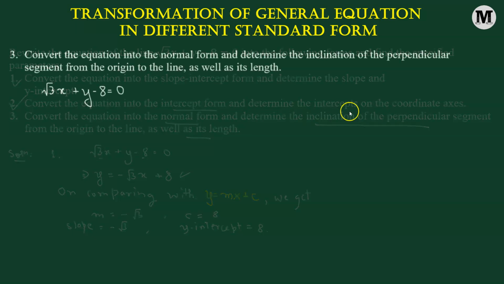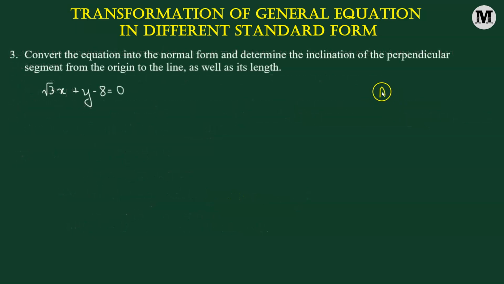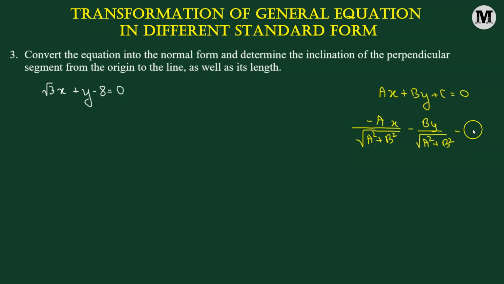Okay, let us begin. First, we will consider the general form of a line, which is given by ax plus by plus c equals 0. If we want to convert it into normal form, as we have already talked about, then what we'll get here is negative a divided by the square root of a squared plus b squared times x, minus b times y divided by square root of a squared plus b squared, and then for c we have negative c over square root of a squared plus b squared equals 0.